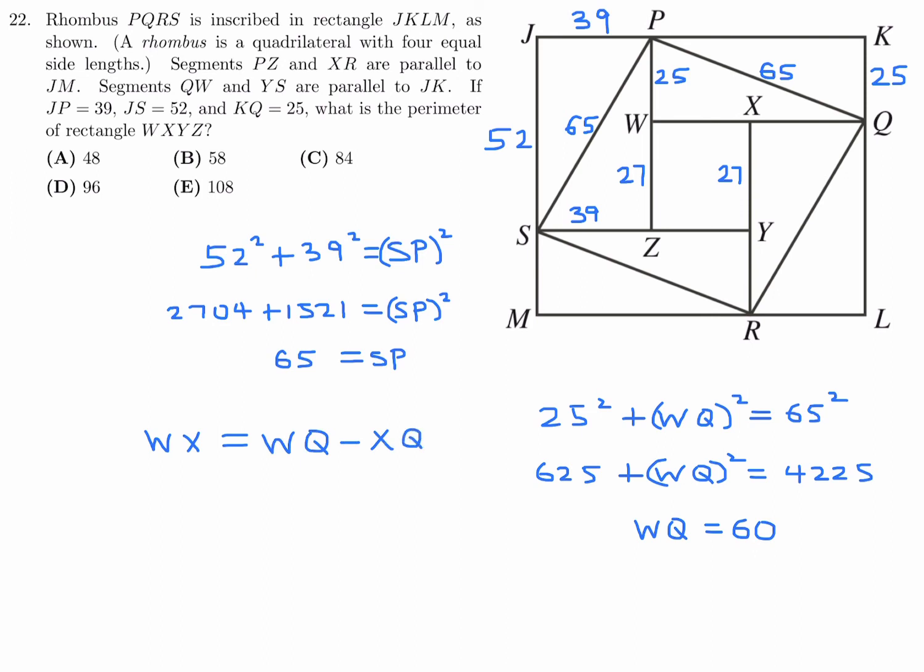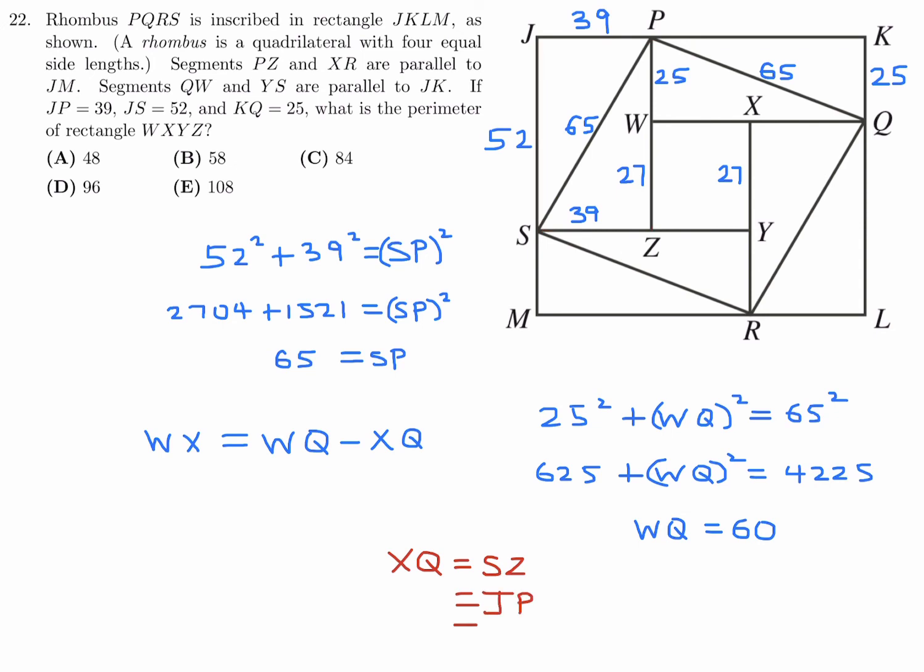But because there is a lot of symmetry here and similar triangles, you can deduce that XQ is the same as SZ. This is the same as this, because these two triangles are the same in terms of their angles. So if XQ is the same as SZ, SZ from there to there is the same as JP.